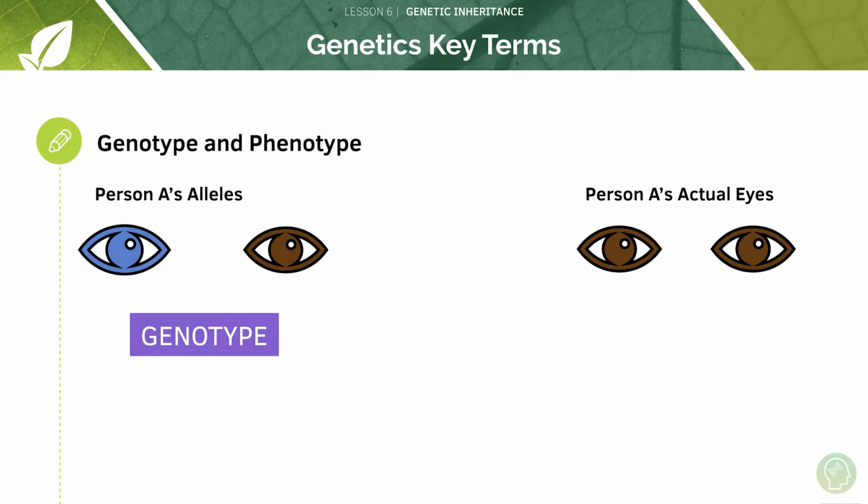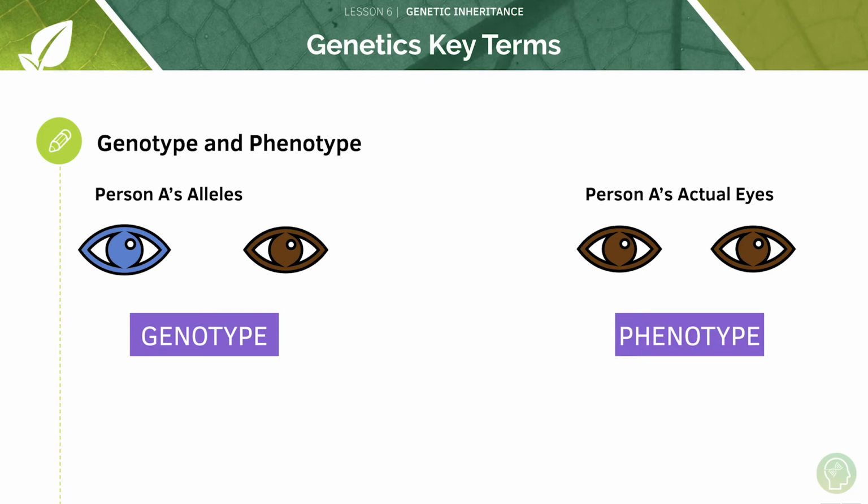Now, just to get over the difference between these words, the genotype is what we don't see. So the alleles of person A are what we don't see. We can't actually see that person A has this blue eye recessive allele and the brown eye dominant allele, because that's in their genotype, in their genetic sequence.